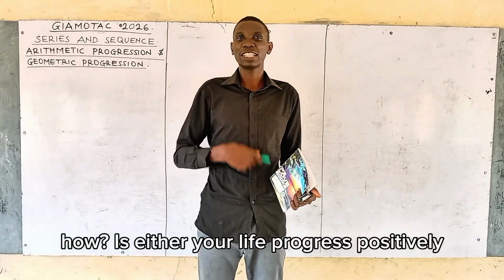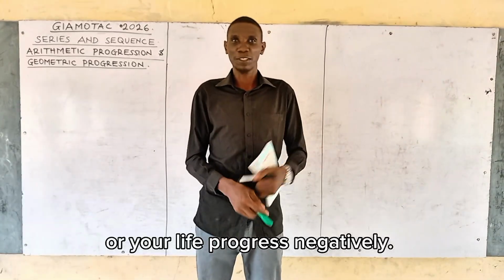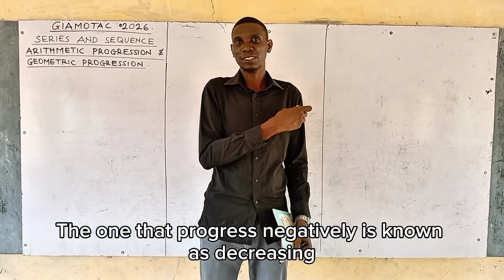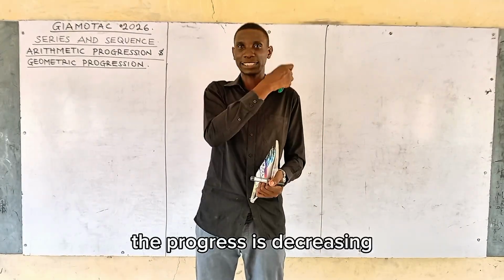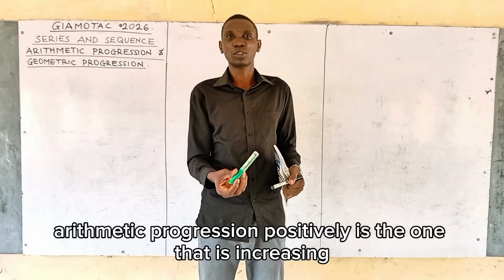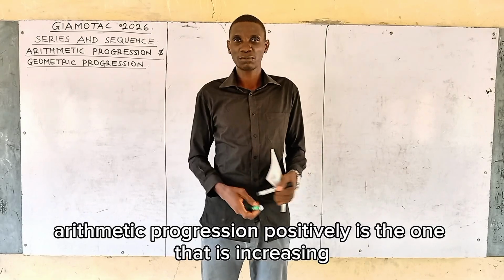Either your life progresses positively or your life progresses negatively. The one that progresses negatively is known as decreasing. The one that progresses positively is the one that is increasing.